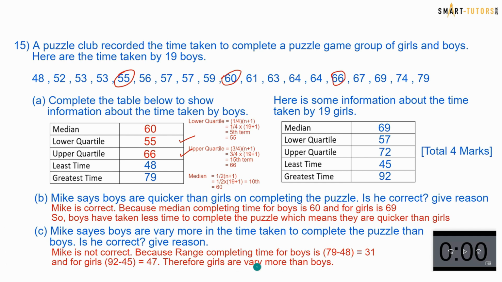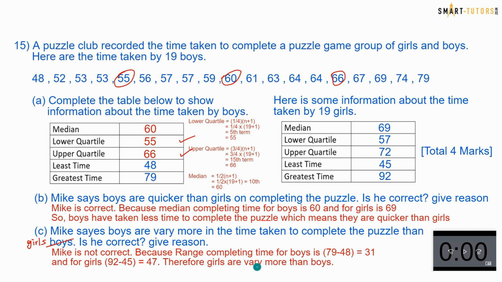Last question is, Mike says boys are more varied in the time taken to complete the puzzle than, here the question is wrong. We already corrected in the previous slide, which is girls here. Right? So Mike is saying boys are more varied in the time taken.